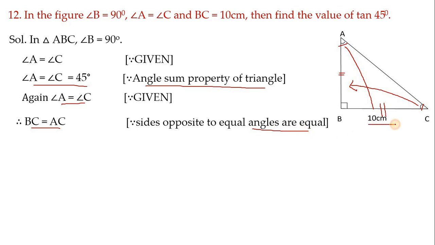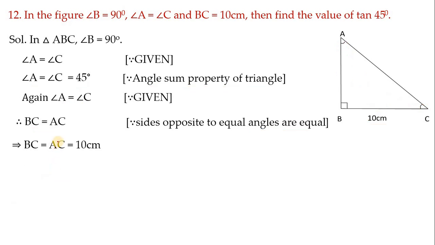Now BC value is given, that is 10 centimeter. Therefore AB value will become 10 centimeter. This is AB, not AC, children. BC will be equal to AB. These two are equal.